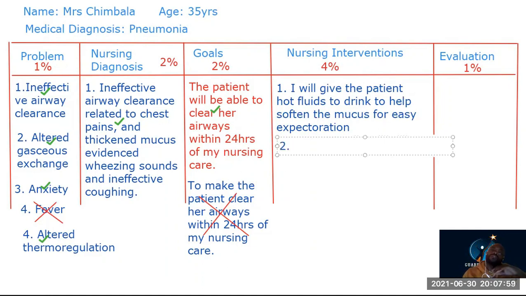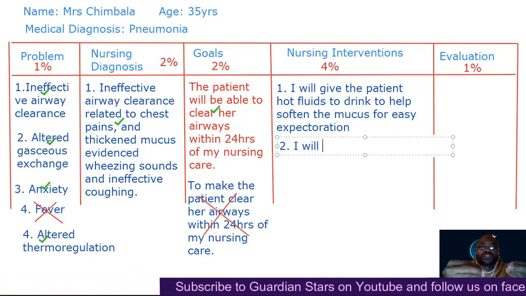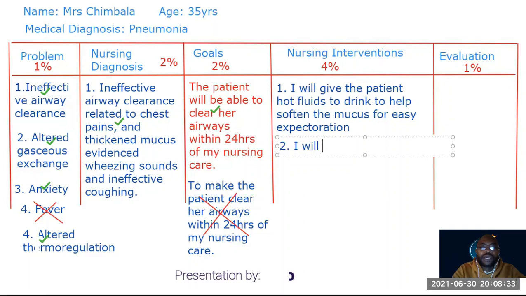The other intervention that I can write for this patient is that I will teach. Let me see. I think I have to teach my patient some effective coughing techniques so that he'll be able to expectorate the mucus.